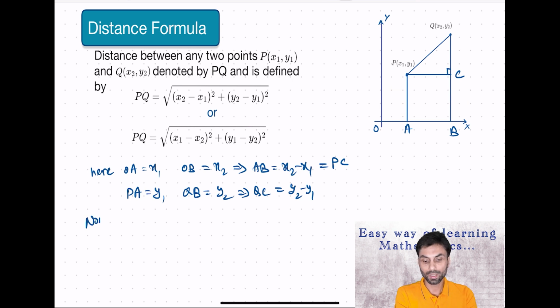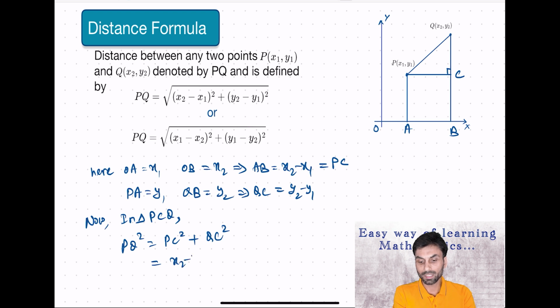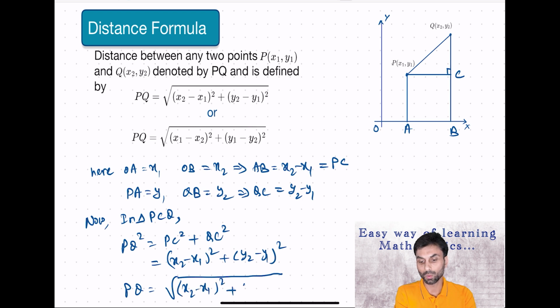Now, in triangle PCQ, if we use Pythagoras theorem, we can write PQ square equals PC square plus QC square, which can be written as x2 minus x1 whole square plus y2 minus y1 whole square, and so PQ will be equal to square root of x2 minus x1 whole square plus y2 minus y1 whole square.